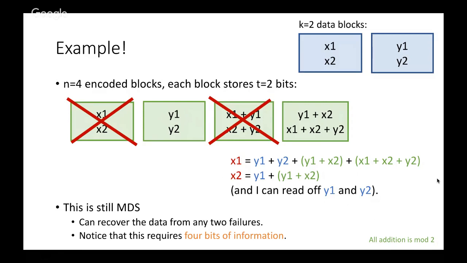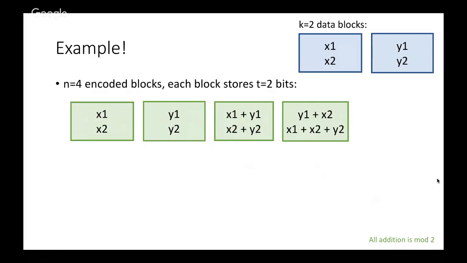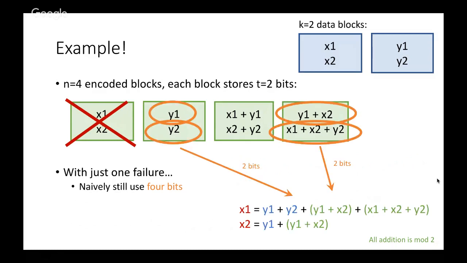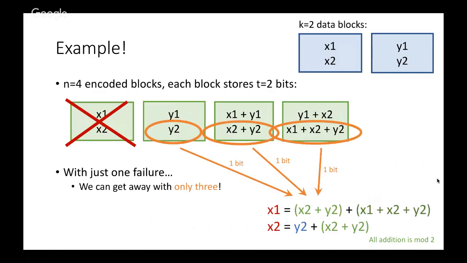But suppose now that instead of trying to recover all of the data, I want to recover just 1 node. Naively, I can still use 4 bits. I can do exactly the same thing I did before to recover x1 and x2, which uses 4 bits. But actually, in this example, I can get away with downloading just 3 bits. Here's how. Instead of contacting only 2 other nodes, I'll take advantage of the fact that the 3rd node is still alive and contact it as well, and download just 1 bit from each node.